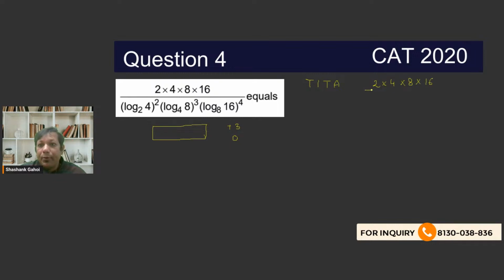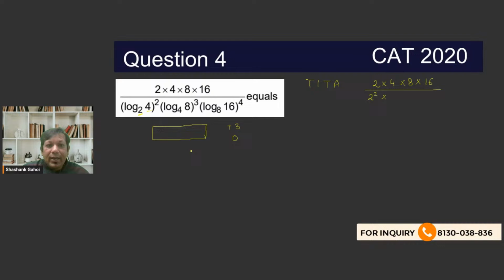Every value is given to us, right? So what we can do over here is, basically, log 4 base 2. Which power of 2 gives me 4? It is going to be 2 square. Now, which power of 4 gives me 8? I don't know, because it can't be 4 power 1, it can't be 4 power 2.